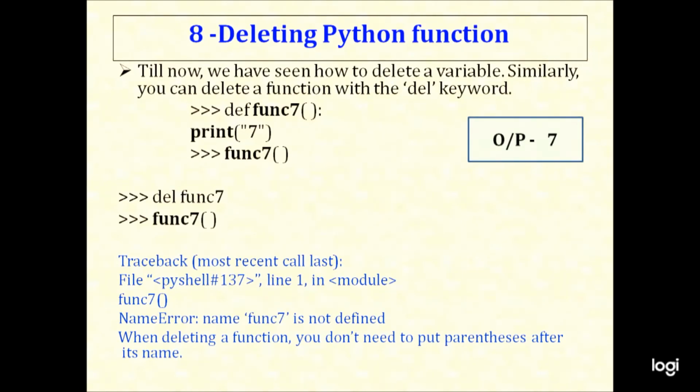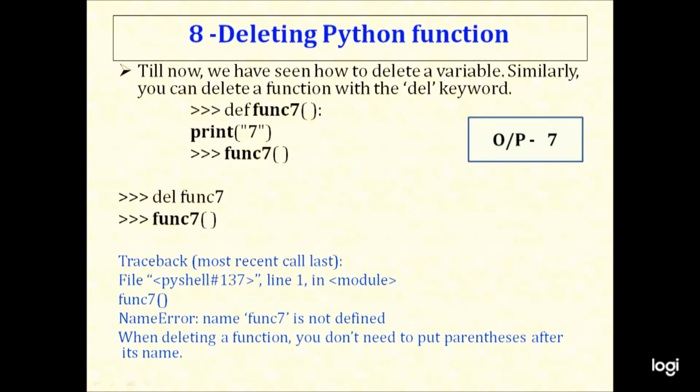Now, how to delete a Python function. Till now we have seen how to delete a variable, how to delete a tuple, dictionary or anything else, but now we are going to learn how to delete a function.